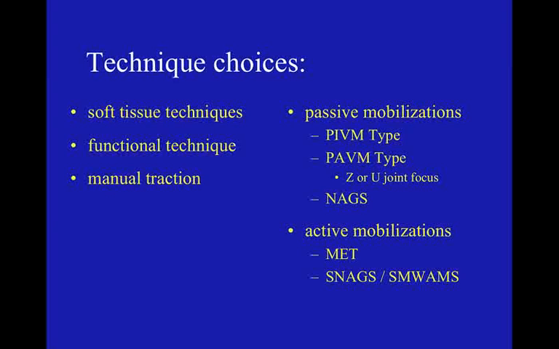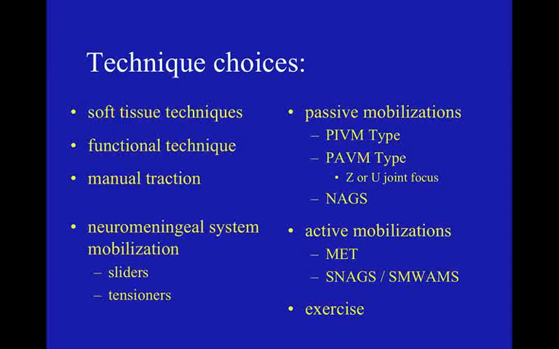And you would also probably consider SNAGs and SMWAMs, which are spinal movements with arm movements, which again are Mulligan techniques that incorporate active involvement of the patient. Obviously, exercise, although not a manual therapy technique, is an adjunct treatment that we will use to maintain the mobility that we gain with our mobilization technique.